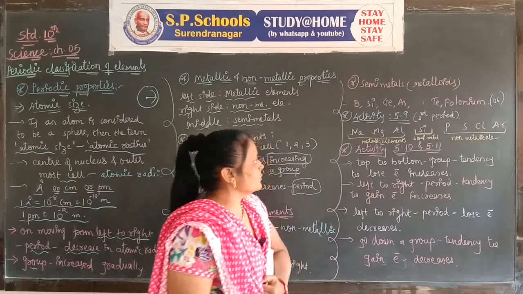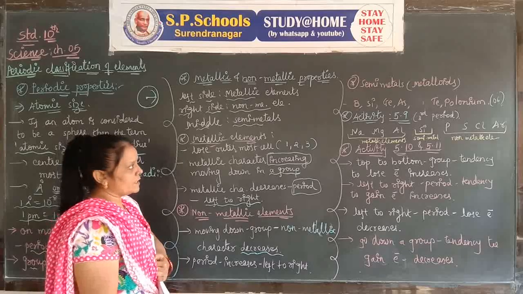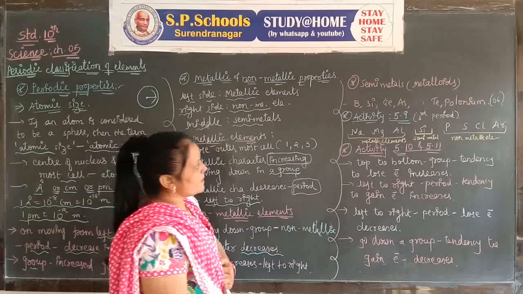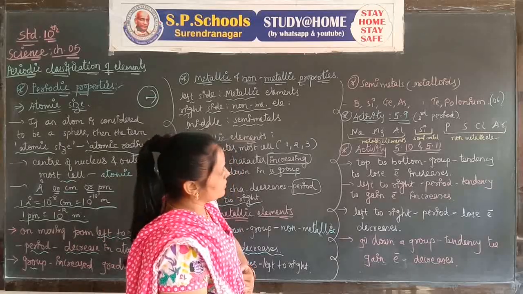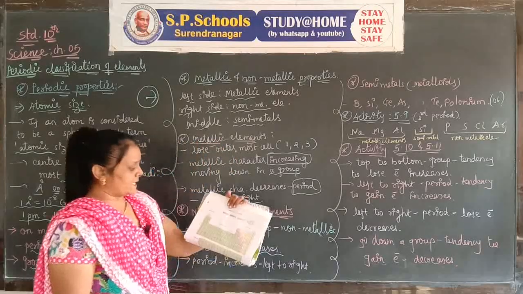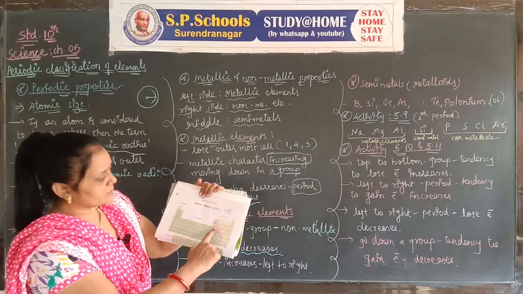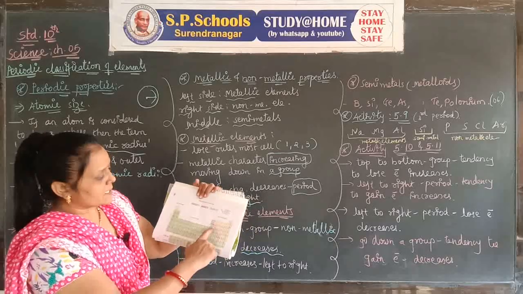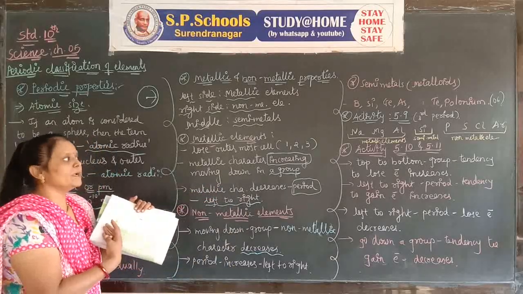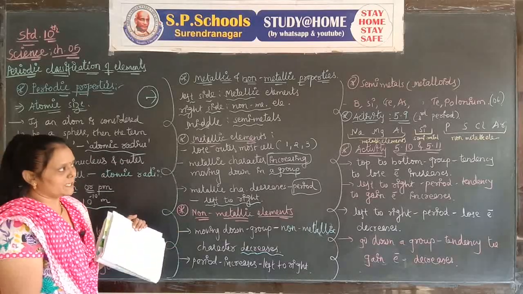So in the case of third period elements, sodium, magnesium and aluminum are metallic elements, while silicon is a semi-metal element, and phosphorus, sulfur, chlorine and argon are non-metallic elements. Here silicon is the semi-metal. On the left side there are metallic elements, and on the right side there are non-metallic elements.